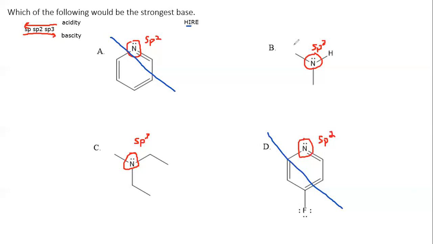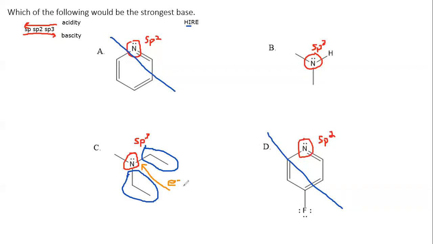And so here in B, we have 2 methyl groups and a hydrogen. But in C, we have 1 methyl group and 2 of these big, bulky ethyl groups. So these 2 ethyl groups, along with the methyl group, are all pumping electron density into that nitrogen. And the reason this is important is because you're making it more negative.